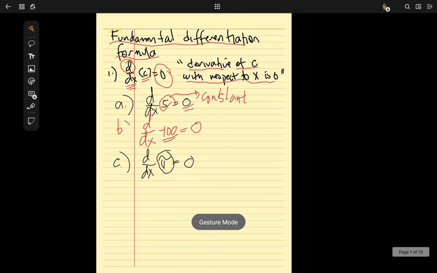Remember, following differentiation formulas is very procedural. If you know the formula, just get its parts, then apply it. Here we need u, the derivative of v, v, and the derivative of u. We have u, so let's get the derivative of v. We have v, so let's get the derivative of u.